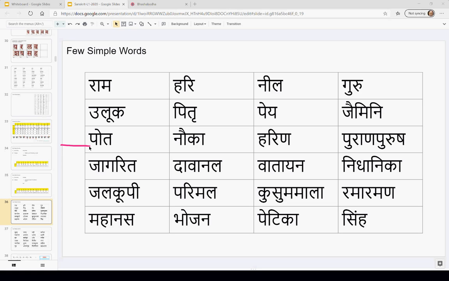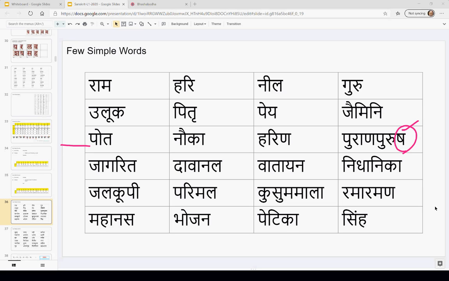That's long. Correct. Purana. Yes. Very good. Purana Purusha. Note that this is the cerebral or retroflex sha. So roll back the tongue tip and touch that cerebral part. Sha. Purusha.